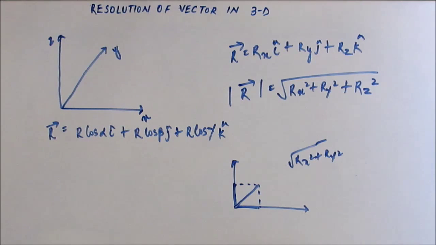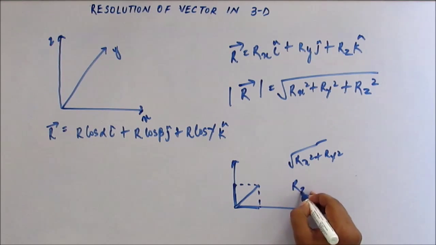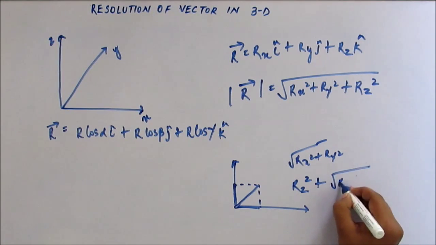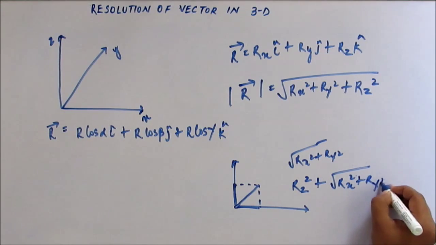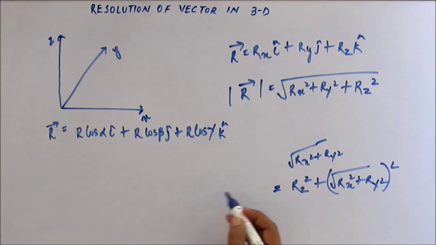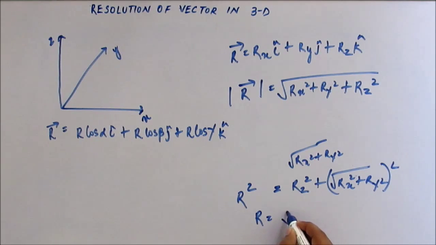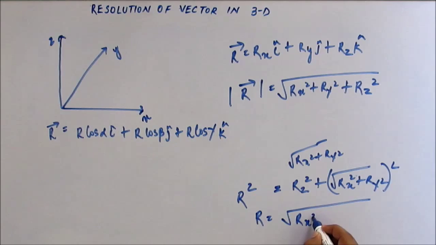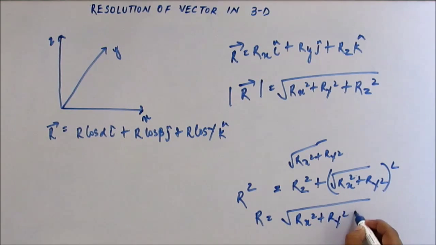If we apply Pythagoras theorem once again, Rz squared plus root over Rx squared plus Ry square whole square should give you the square of the magnitude of the vector that you have resolved. This should be equal to R square. So from here we get that R is equal to root over Rx square plus Ry square plus Rz square. Basically, it's just the extension of the formula that we have studied in 2 dimension.